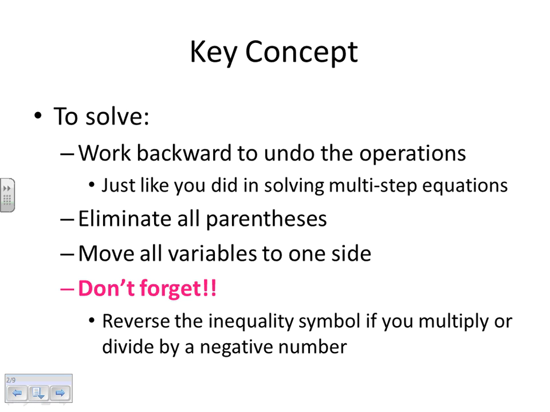You want to eliminate all parentheses and you want to move all the variables to one side. So if you have variables on both sides of the inequality symbol, same thing like we had when solving equations with parentheses, we just move them all to one side. Don't forget that when you multiply or divide by a negative number, you flip that inequality sign.